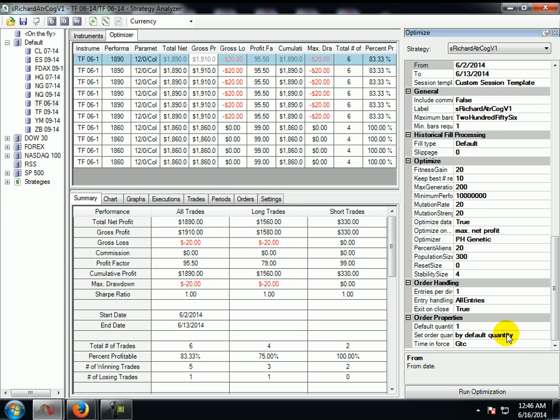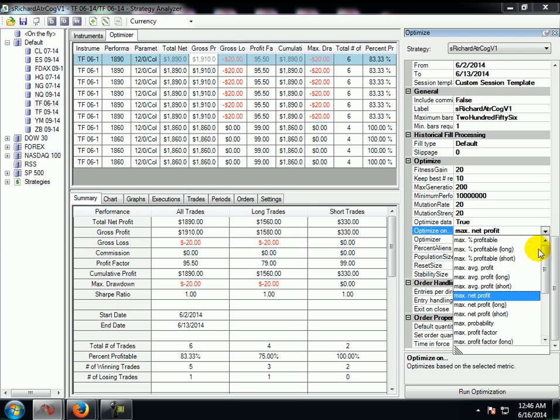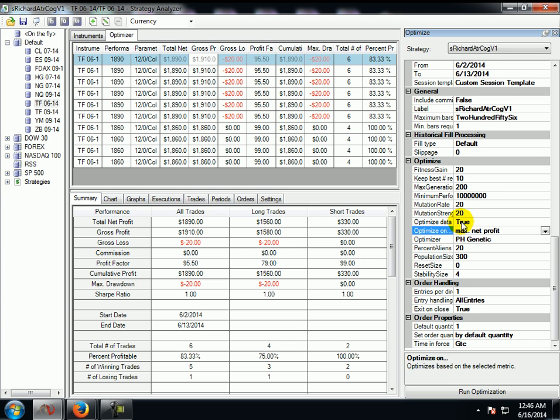We'll go with the default quantity as 1. We'll exit on the close. We'll take all entries, 1 entry per direction. We're using our genetic optimizer. Here we're using maximum net profit. We want to optimize our data series to true.